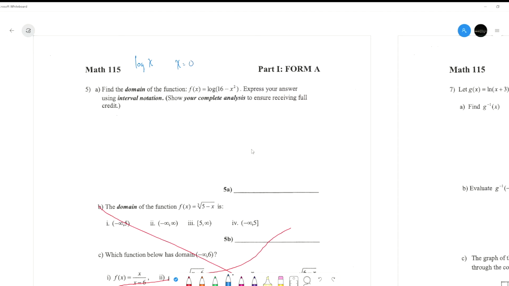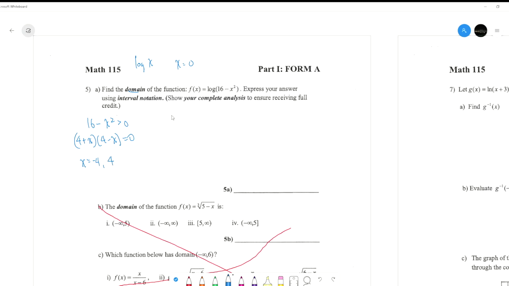So to find the domain, we have to set whatever is inside the log function as greater than 0, and then find cut points. So this is 4 plus x, 4 minus x is equal to 0. So x is equal to -4 and +4. So these are our cut points.